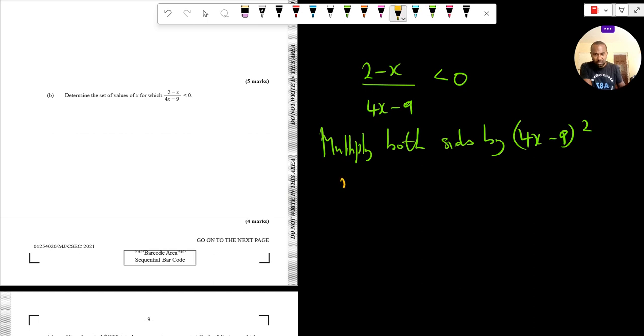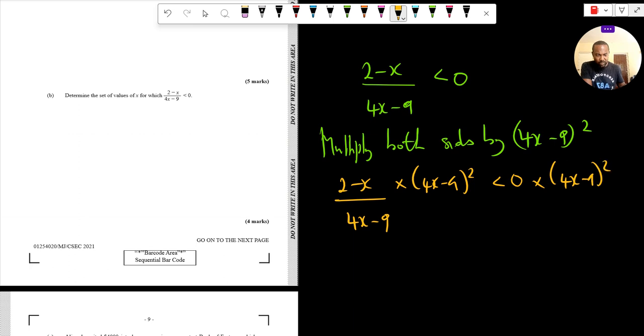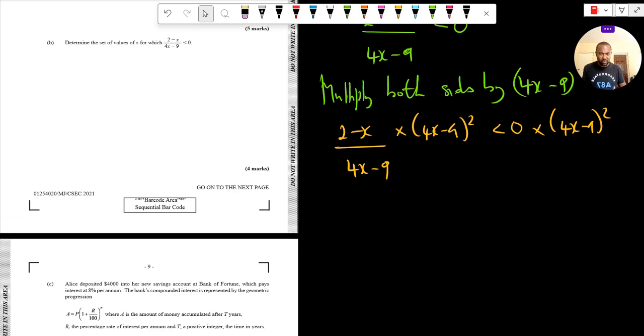And so when we do this, then this is what we get. 2 minus x over 4x minus 9 times 4x minus 9 squared less than 0 times 4x minus 9 squared. Now I did it on the right hand side too, just to show that we're actually doing the same thing to both sides, right? And on the left hand side, then this basically simplifies to give 2 minus x times 4x minus 9 is less than 0, right? And now we can proceed.